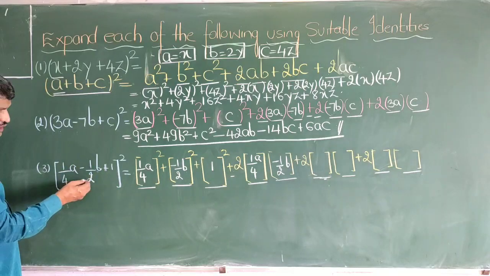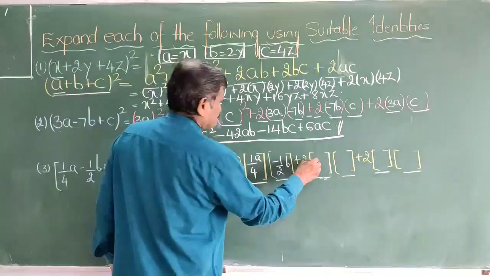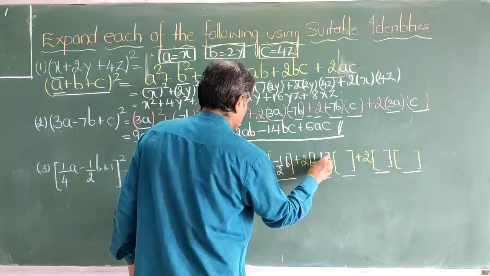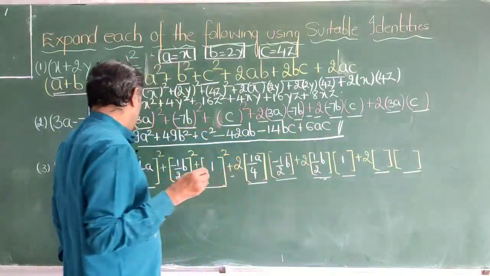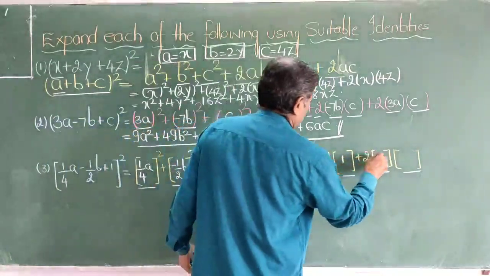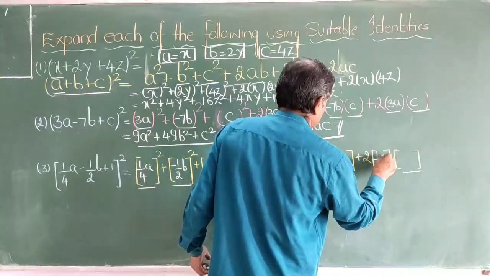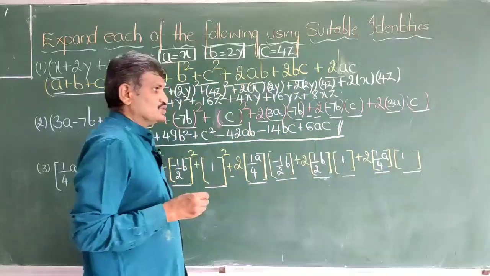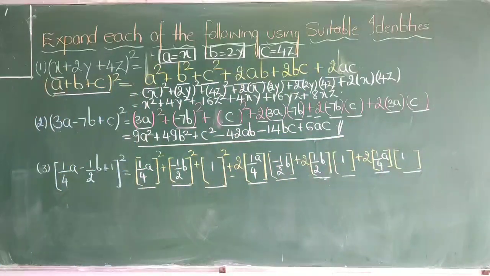First term second term is over, second term third term, and then first term and third term. So first term and third term. So directly I am solving the problem.